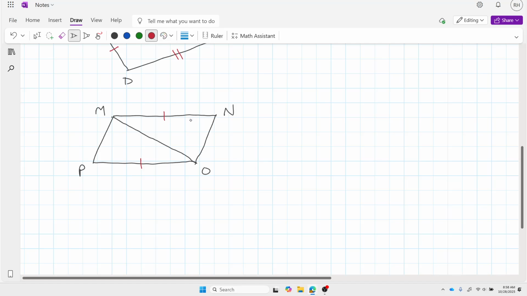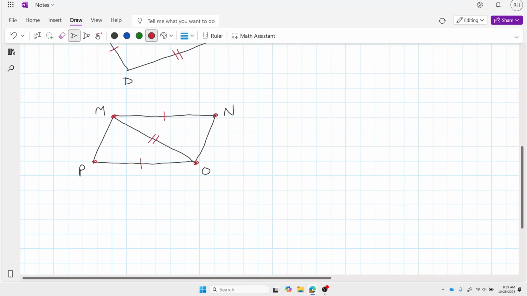All right, so you've got this triangle up top here, MNO, and you've got another triangle down here on the bottom, MPO, and they share side MO, agreed? So we got MN congruent to PO, and MO is in both triangles, so it's congruent to itself.